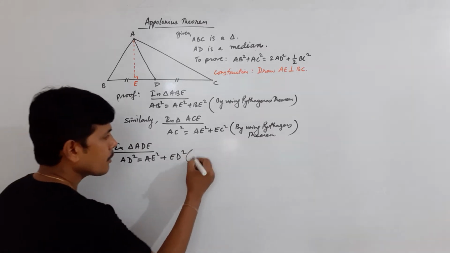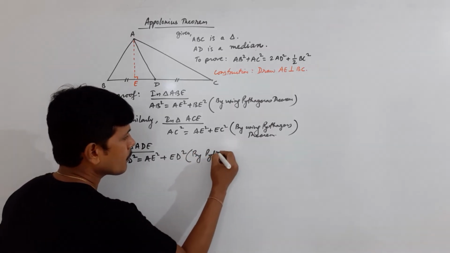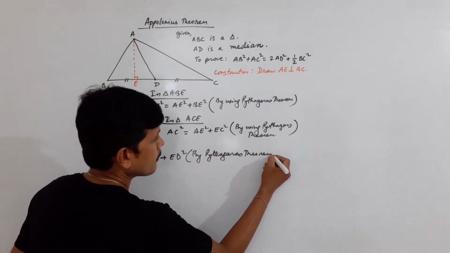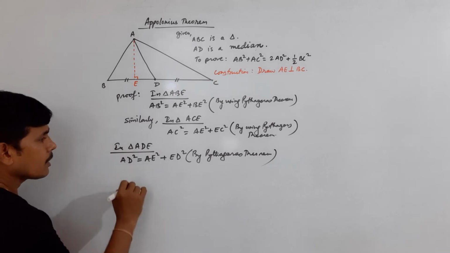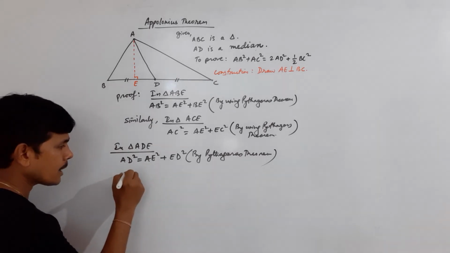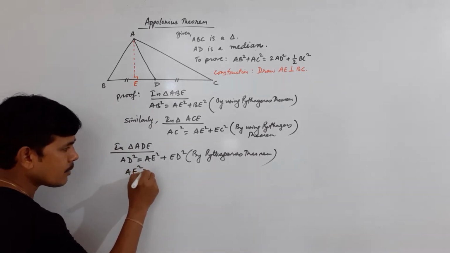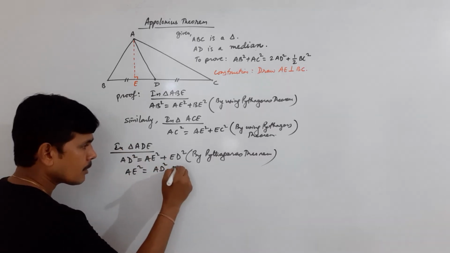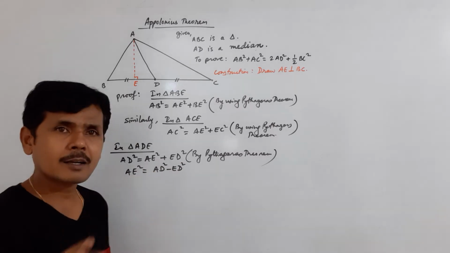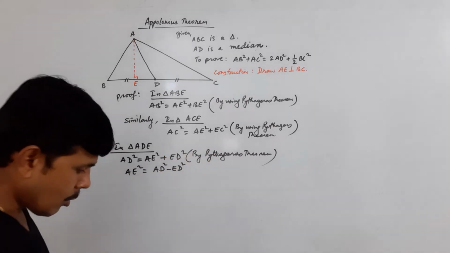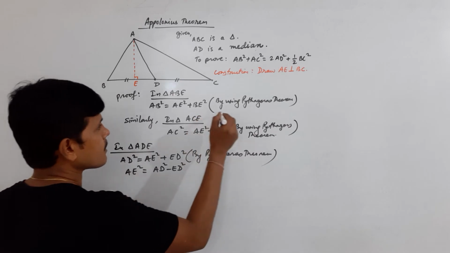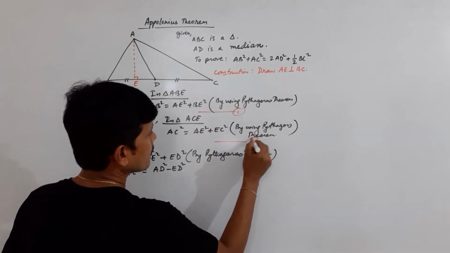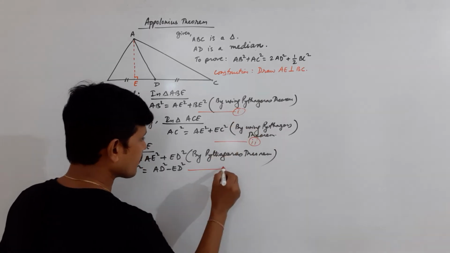This is by Pythagoras theorem. Now I am going to write AE square equal to AD square minus ED square. Clear? Now I am naming all these equations: this as number 1 equation, this as number 2 equation, and this one as number 3.